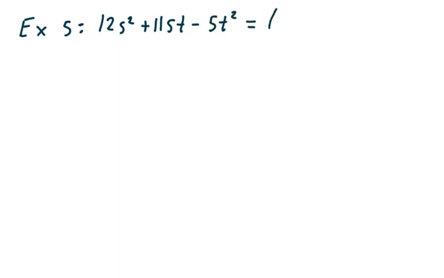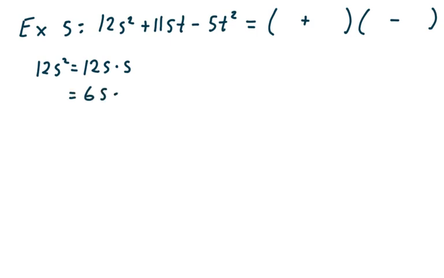Now, when I break this down, if we look at that third term, it's negative, which tells me the signs in the middle of each binomial have to be opposites. Now, 12s squared is 12s times s. It's 6s times 2s, and then it's 4s times 3s. 5t squared is 5t times t.